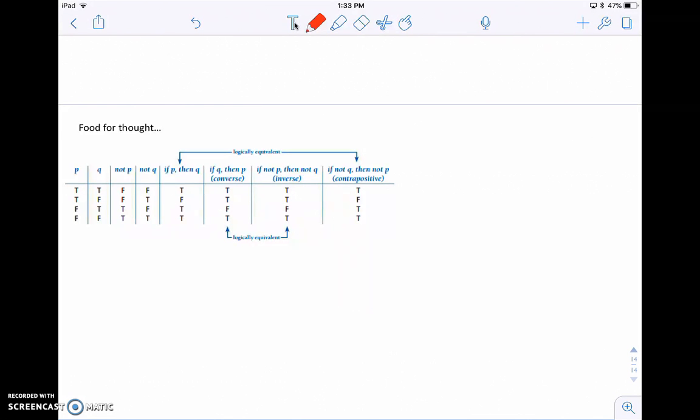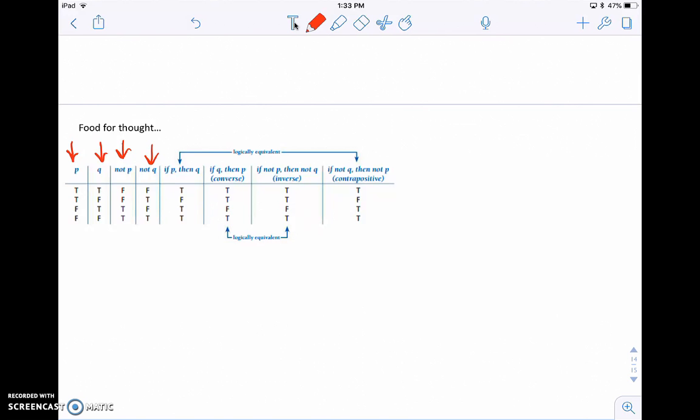When you're trying to prove something, especially in a mathematical proof or a logical argument, here's one to look at. You can start with two propositions P and Q. You can look at not P and not Q and their values. And then you can start to do all sorts of fun things.